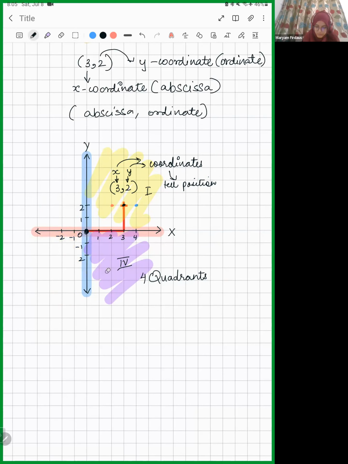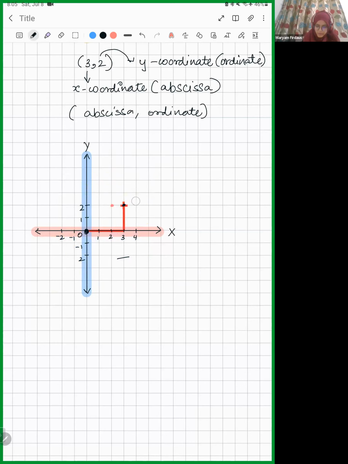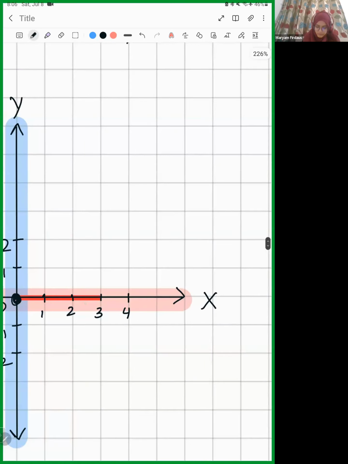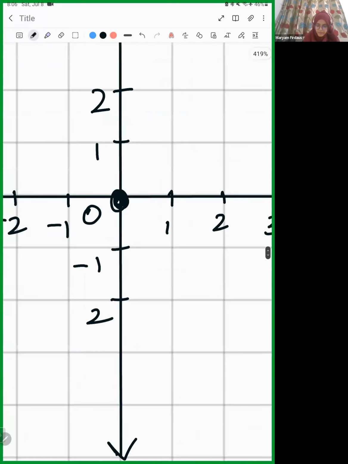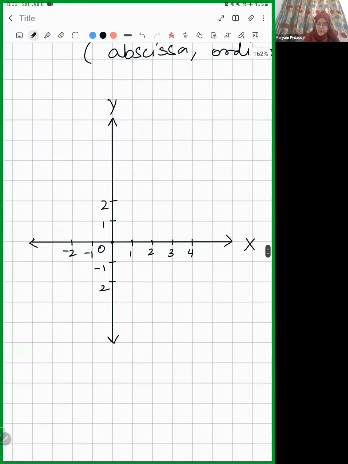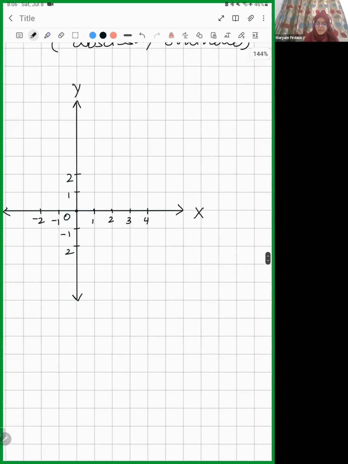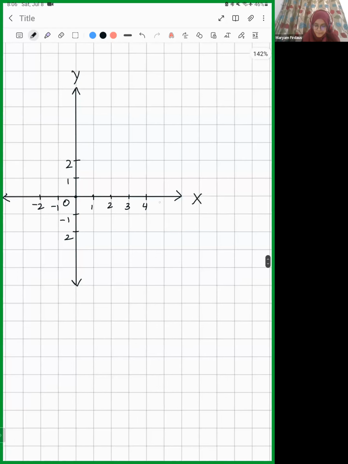Ma'am, I think it's not in the textbook. What are you talking about? The question that you're trying to tell? Yeah, I think it's not in the textbook. If it's not in the textbook, even if it's somewhere else, just send it to me.